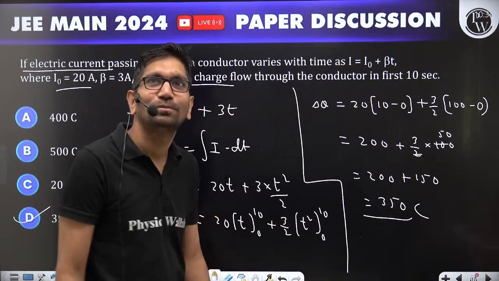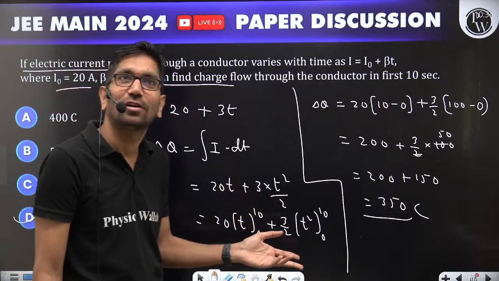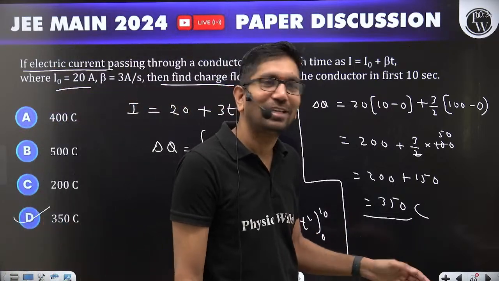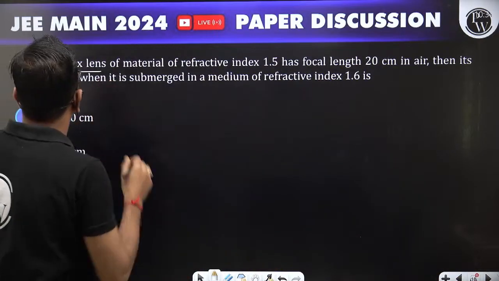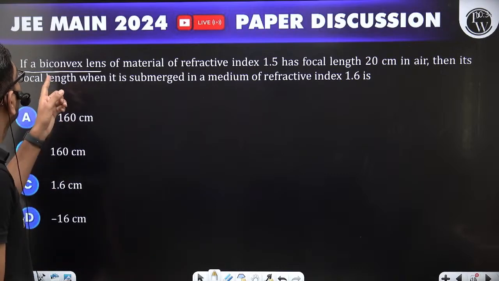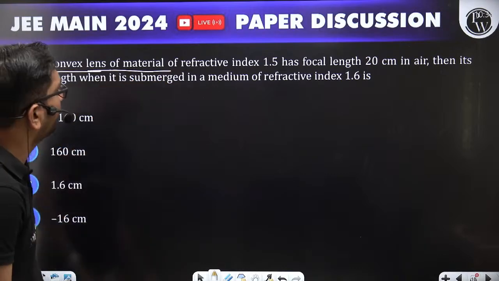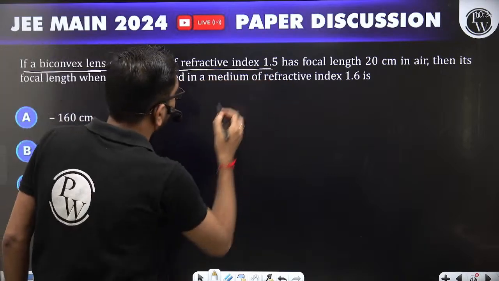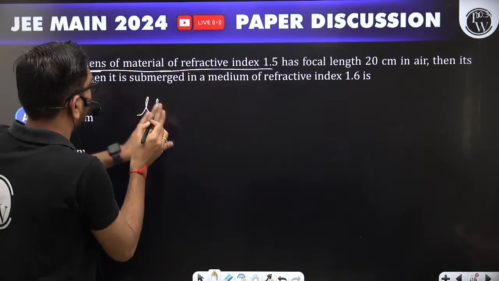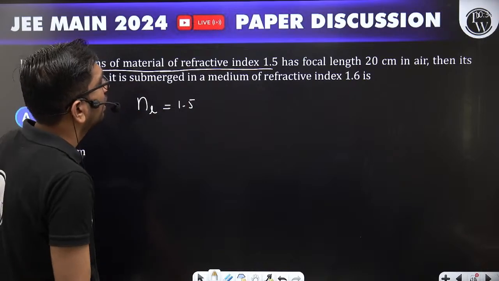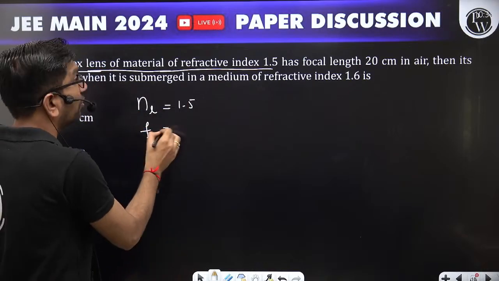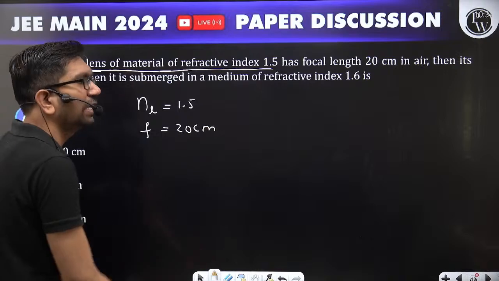Chalo beta. So this is also a very simple question, right? Let us move toward the next question now. If a biconvex lens of refractive index, the refractive index of the lens he given as 1.5, has a focal length he given as 20 centimeter in air.